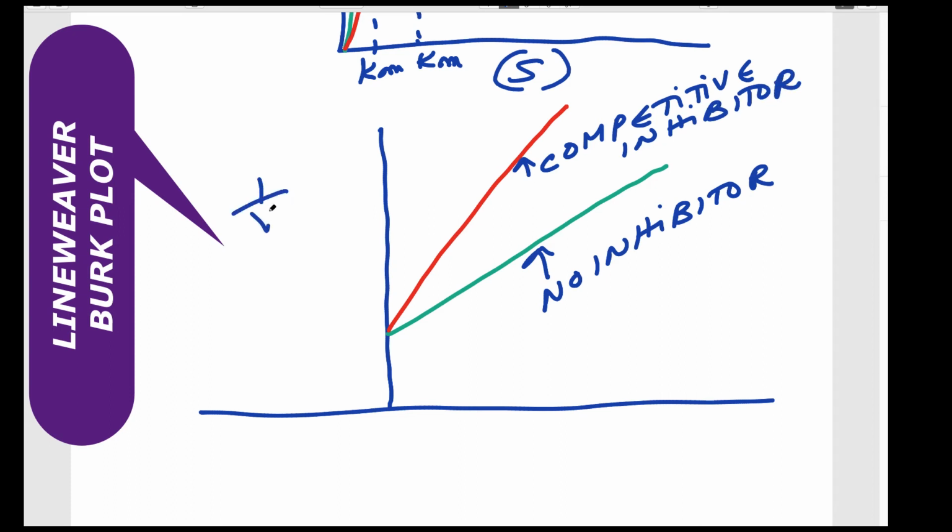Here it is 1 by V0, and 1 by S. The intercept on the y-axis is 1 by V maximum. They are reciprocal.